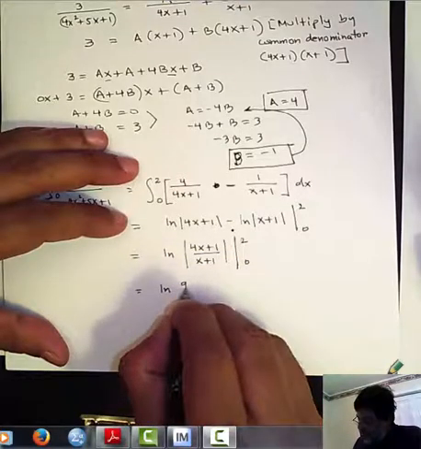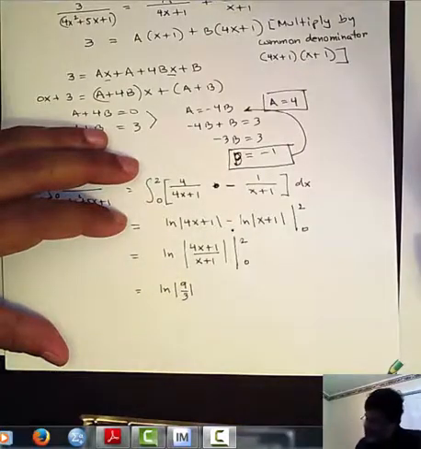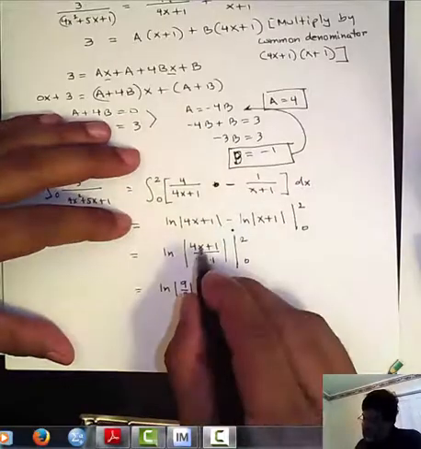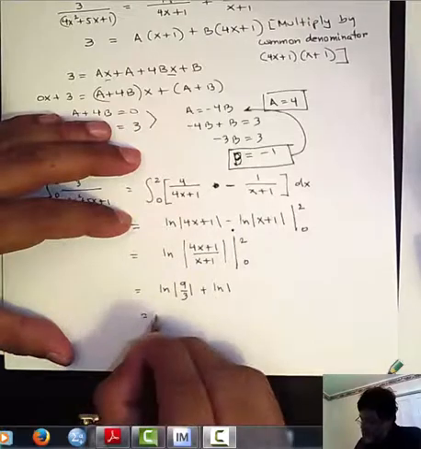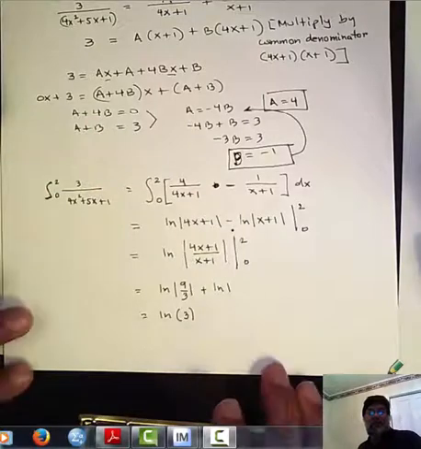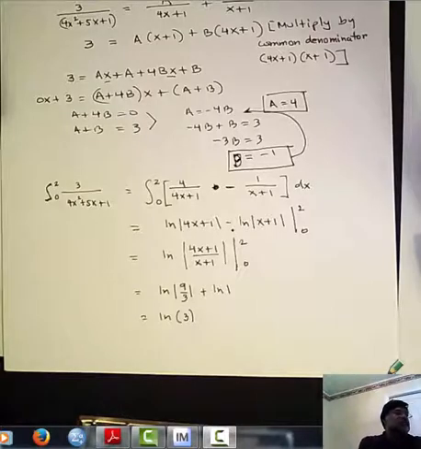So it's 9 over 3 for the first part. Plug in 0, I get 0 here, 0 here, so it's ln of 1. ln of 1 is 0. So this is ln of 2. So this one is which one? A, B, C, or D, or E? Choice is B. Okay.